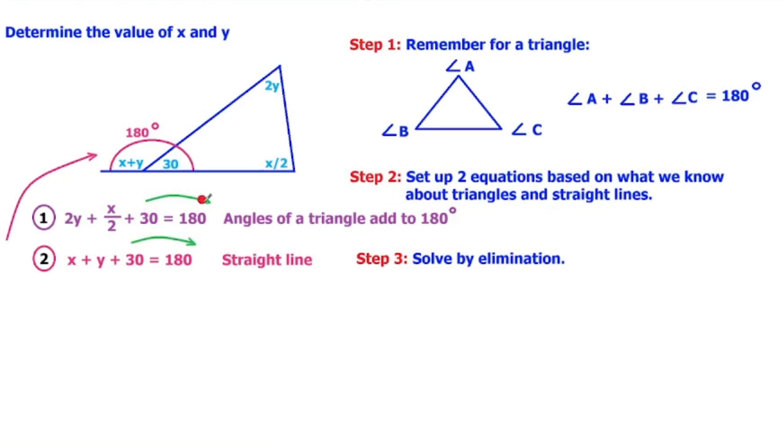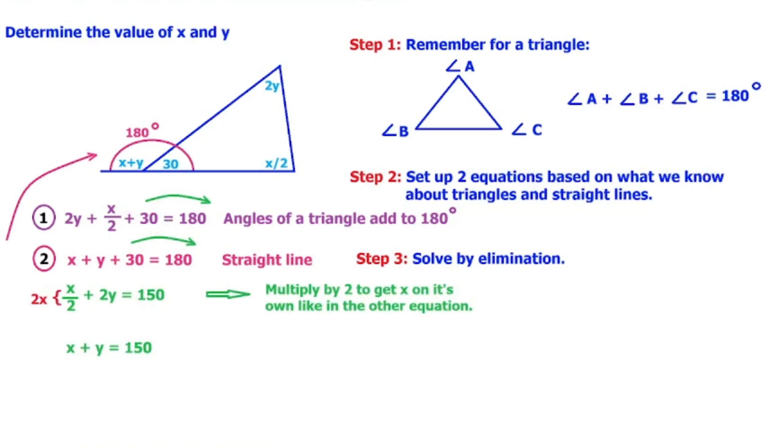So let's move over the whole numbers to the other side of the equal sign. So we have x over 2 plus 2y equals 150. And then we have x plus y equals 150 after we move the 30s over.